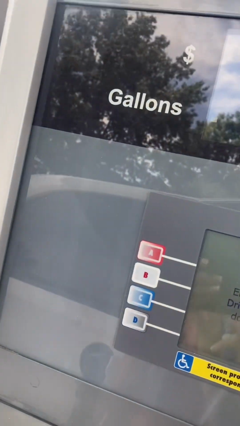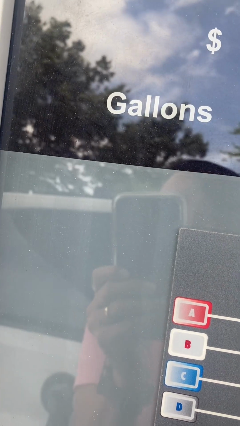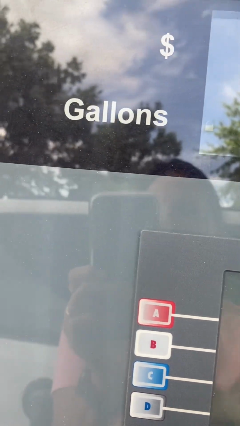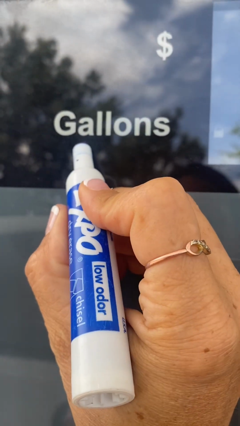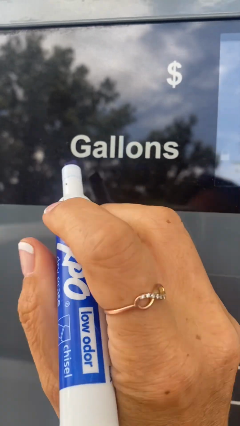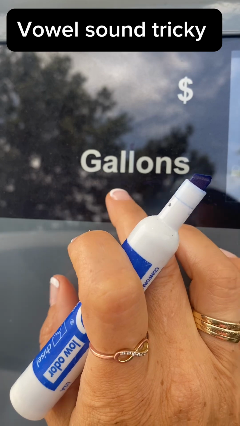I was looking at this word right here, and I was wanting to point out a couple of things that made me think of one of the lessons I taught. I was telling you about AL and O. And this word, this vowel and this vowel do not say the sounds like you would think.